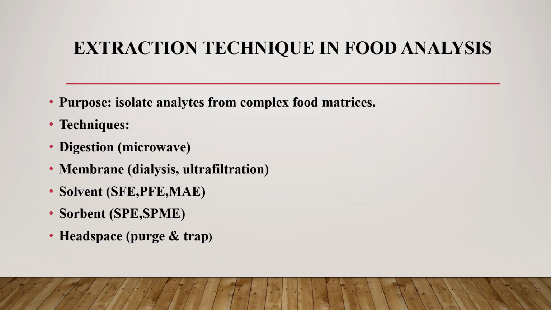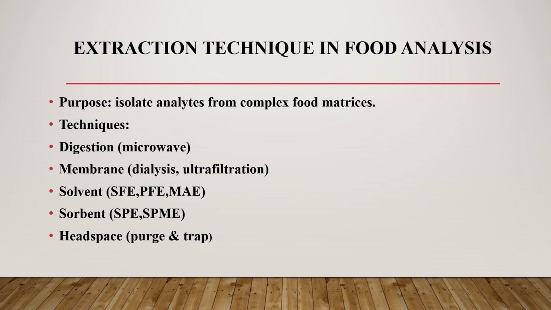First, there's digestion, which breaks down organic matter to release ions. Microwave digestion is fast. UV digestion uses radicals for cleaner breakdown. Membrane techniques, like dialysis and ultrafiltration, separate compounds based on size or charge. Solvent extraction dissolves the target compound.